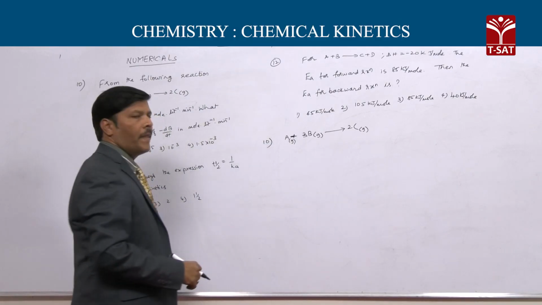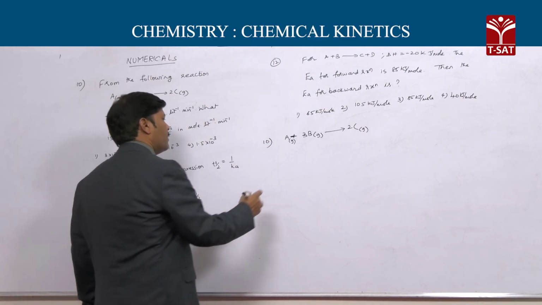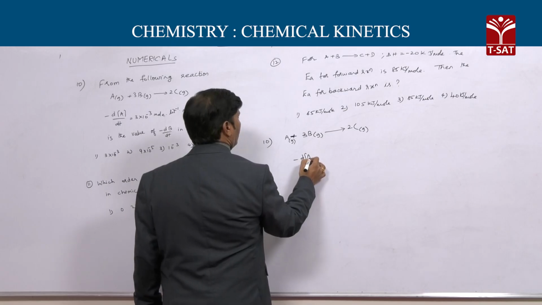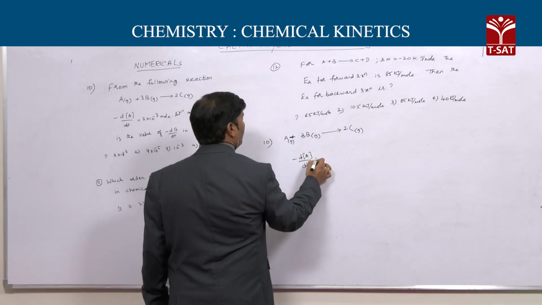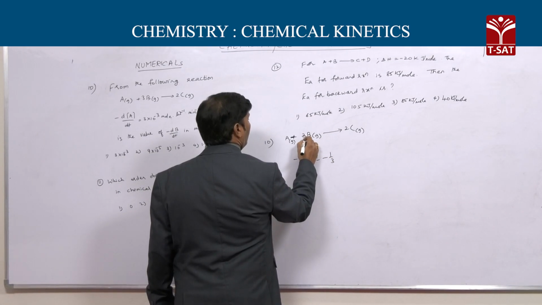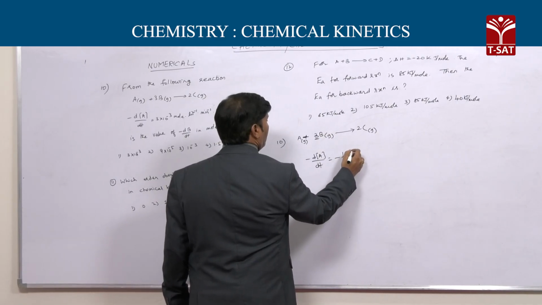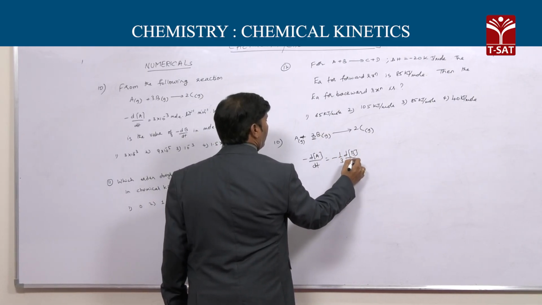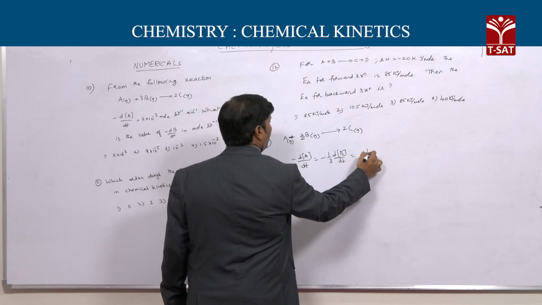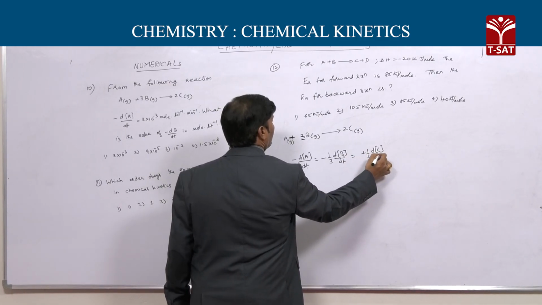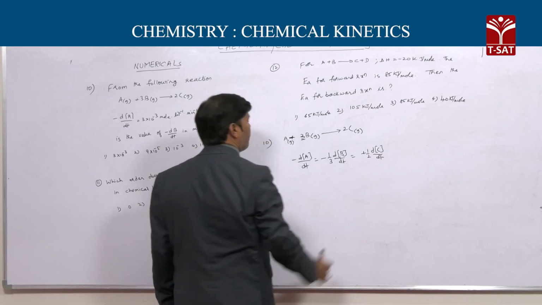So if you write the rate equation for this, it is minus of change in concentration of A divided by change in time is equal to minus of 1 by 3, because the molar coefficients have to be reciprocated, change in concentration of B divided by change in time is equal to plus of 1 by 2 into change in concentration of C divided by change in time.